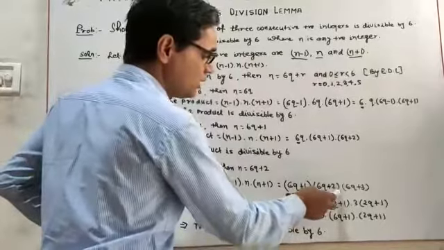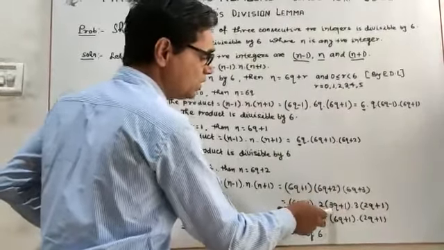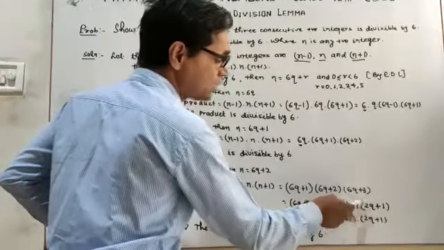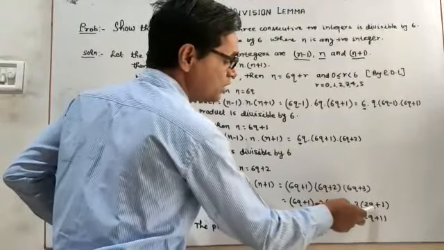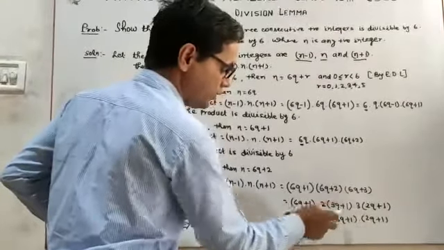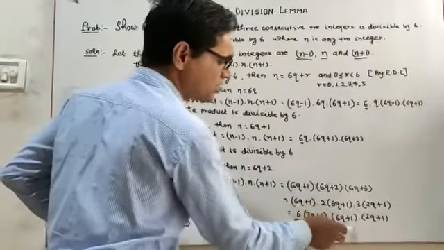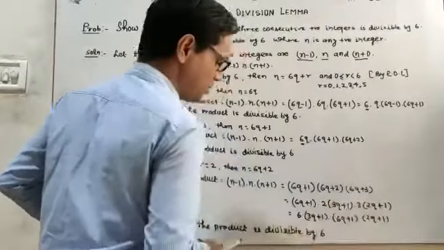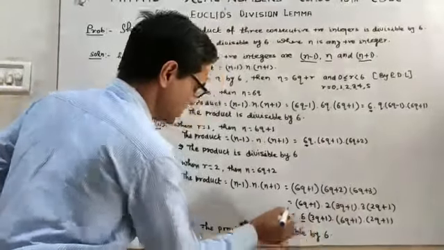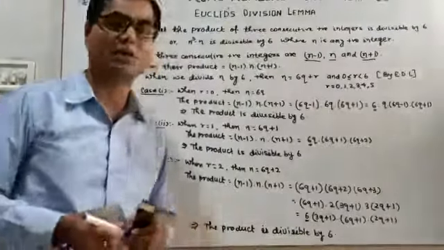In 6q plus 2, 2 will be taken as common factor, that means 2 into 3q plus 1. In 6q plus 3, 3 will be taken as common factor, so this can be written as 3 into 2q plus 1. That means 2 into 3 is equal to 6 into 3q plus 1 into 6q plus 1 into 2q plus 1. In this case, 6 is a factor of this product, so the product is divisible by 6.